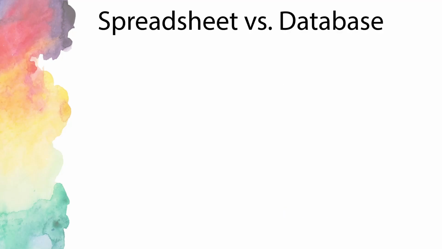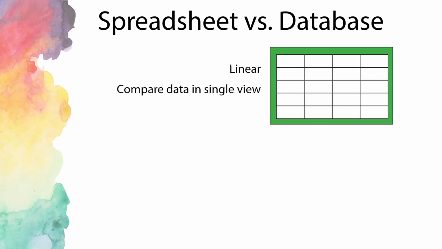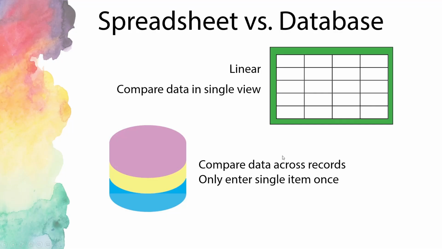First of all, what is a database? Databases and spreadsheets look very similar. They have the same grid layout for the most part. Spreadsheets are linear. They let you see what is on that particular sheet and compare within that single view. Databases are more circular.